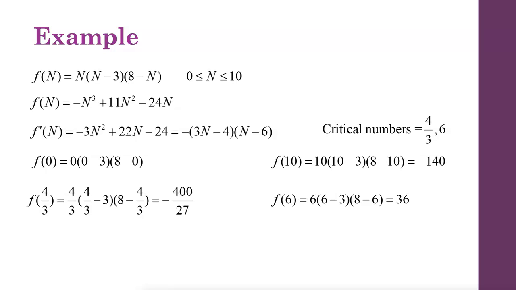So looking at the values we had, 0, negative 140, negative 400 over 27, and 36, the largest value we have is 36, which would be our absolute max, and the smallest value we have is negative 140, and that is our absolute min.